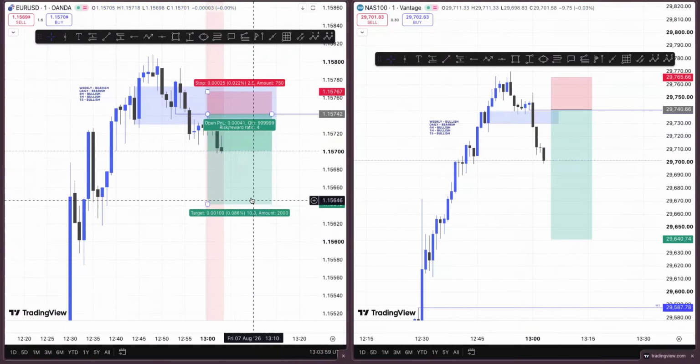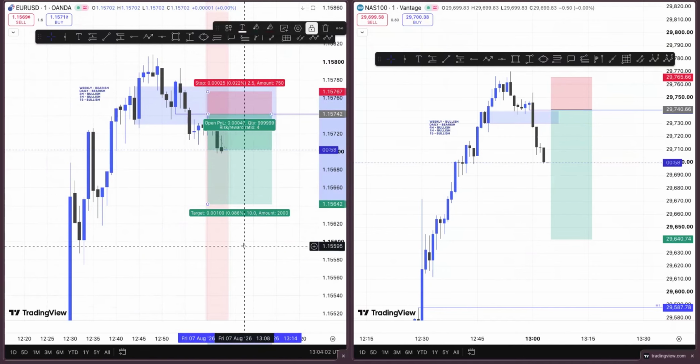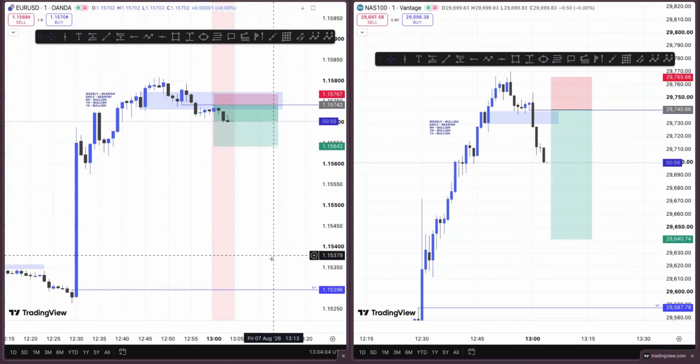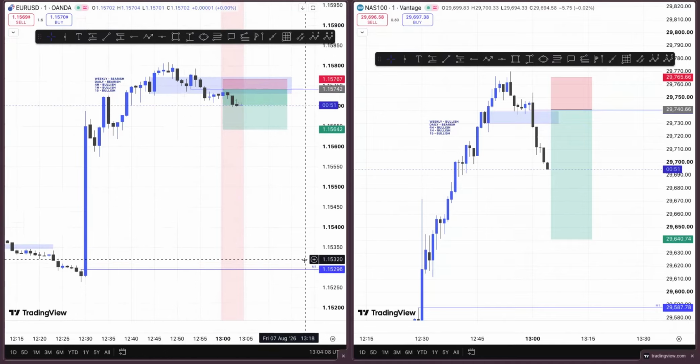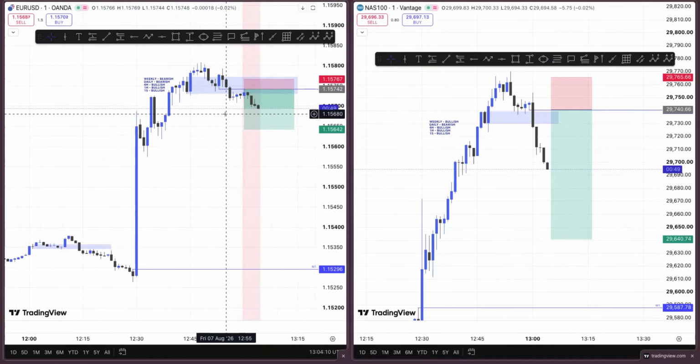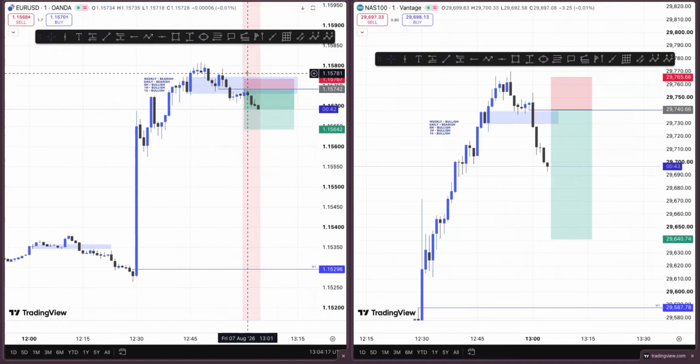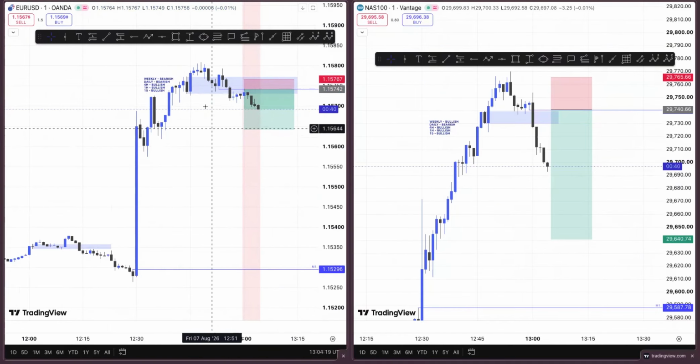With EURUSD, if this trade is to play out, the actual target for this trade is this 1 minute demand right here. But price can, but there's not a high probability for price to fill all this gap with just this move today.